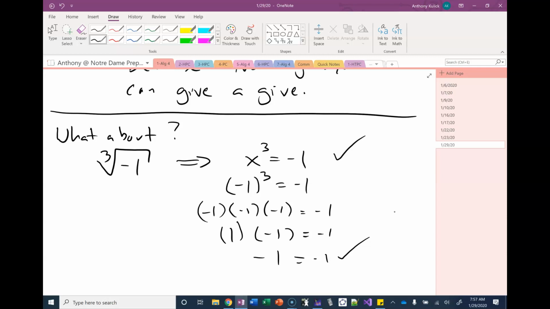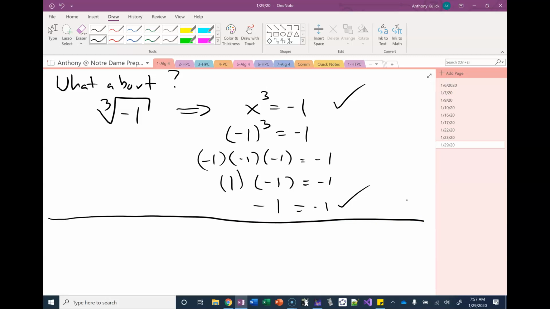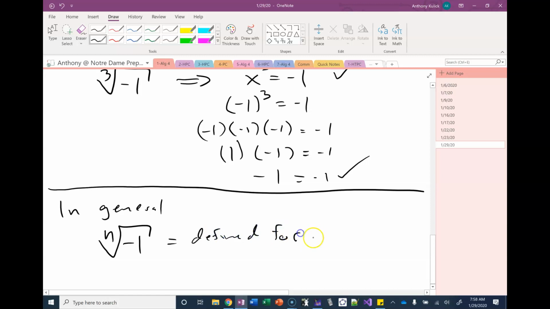It'd be a pretty crummy situation if it wasn't, right? So when do you suppose we're going to be able to take the radical of a negative? In general, if I take the nth root of negative 1, it is defined for which n's?